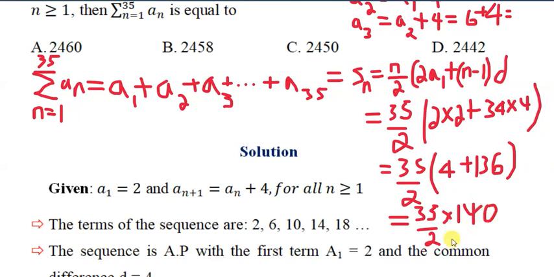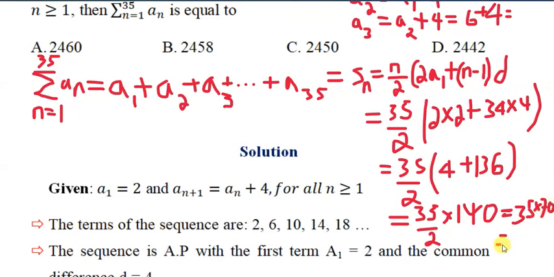Then if 140 is divided by 2, it gives us 70. Therefore, multiply 35 by 70.